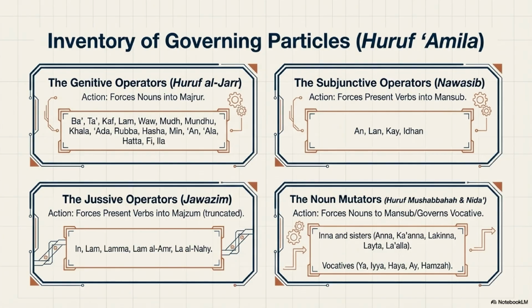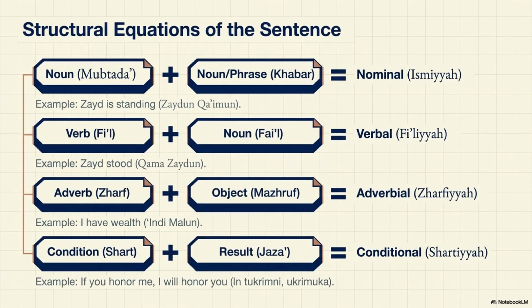But the present and future verbs, the mudhari, they are flexible. They are murab. Because the present and the future are still unfolding. They can be changed by circumstances. And the text explains how their grammatical state changes based entirely on the particles placed before them. Right. It says the default state for a present tense verb is the nominative, just like a subject noun. But if you introduce a subjunctive particle in front of it, the verb switches to the accusative state.